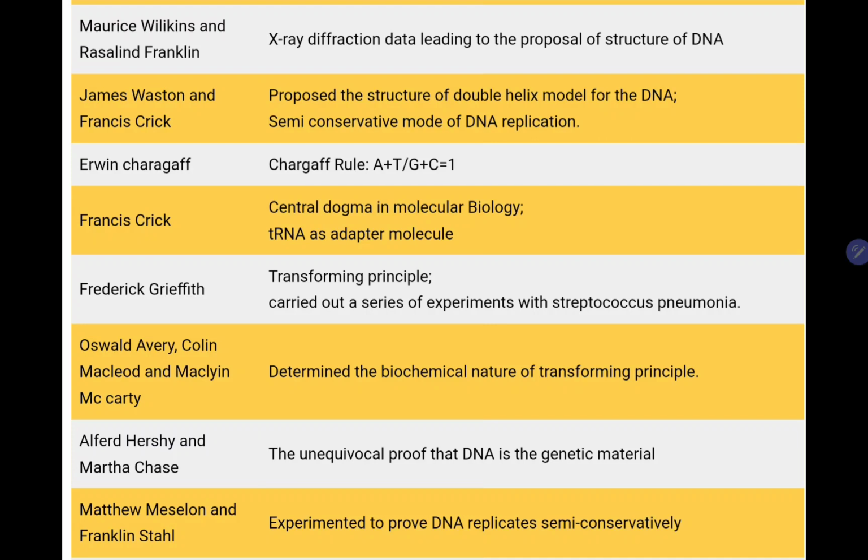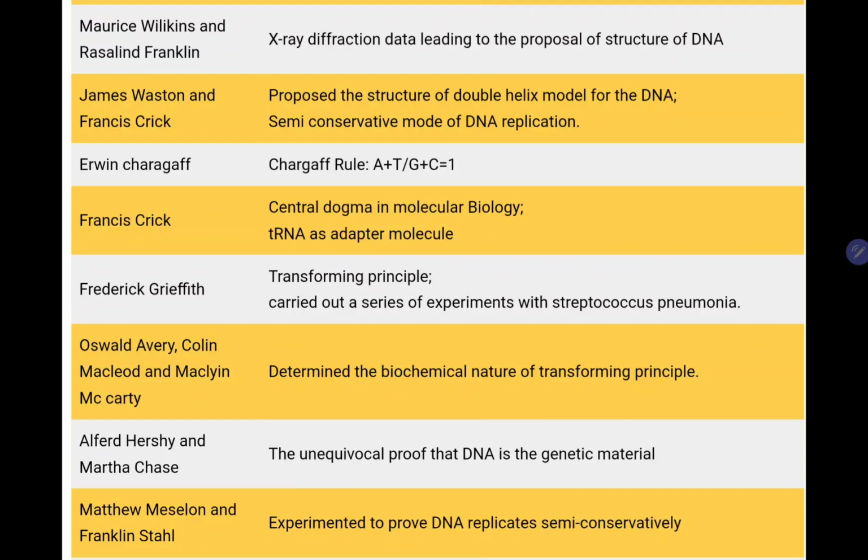Based on this X-ray diffraction data, Watson and Crick proposed the double helical model of DNA and postulated the semi-conservative method of DNA replication also. They haven't proved it, but they postulated it. Interestingly, the Nobel Prize was shared between three scientists, Watson, Crick and Wilkins, but not Rosalind Franklin, because she had died by then.